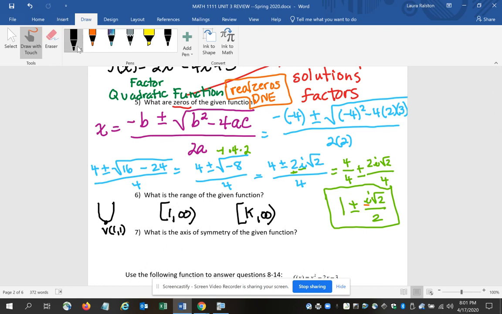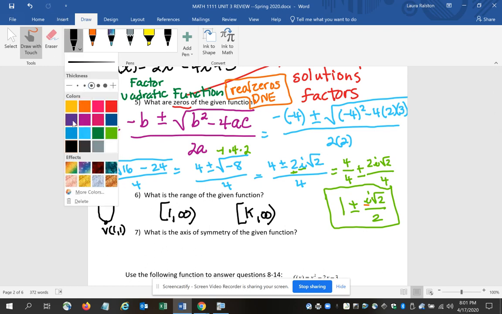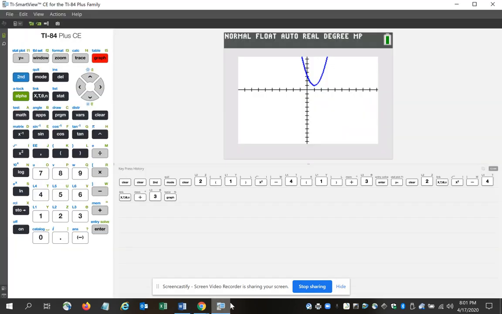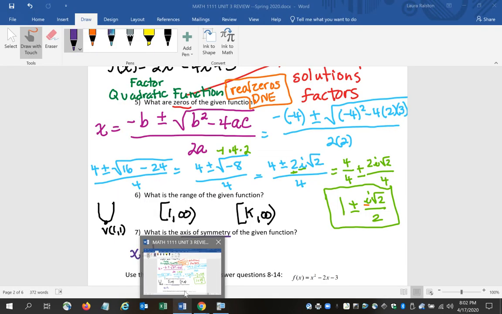And then finally, the last question related to this particular problem asks you to find the axis of symmetry, which is another formula. The axis of symmetry is x equals the h coordinate of the vertex, because remember that visually the line of symmetry has to go through the vertex.